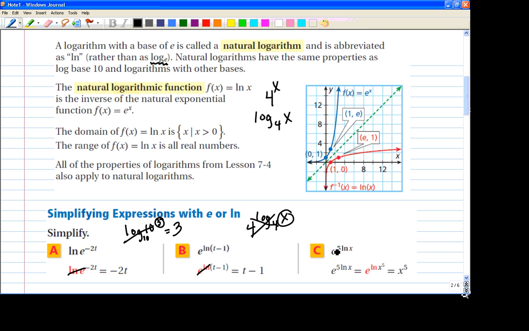And finally, we have e to the power of 5 times ln of x. Before we can just cancel things out of the equation, we should make sure there's nothing in front of the log. So this 5 right here, we'll need to move back as the exponent for the x. So e to the ln of x to the 5th, e and ln cancel, left with x to the 5th.